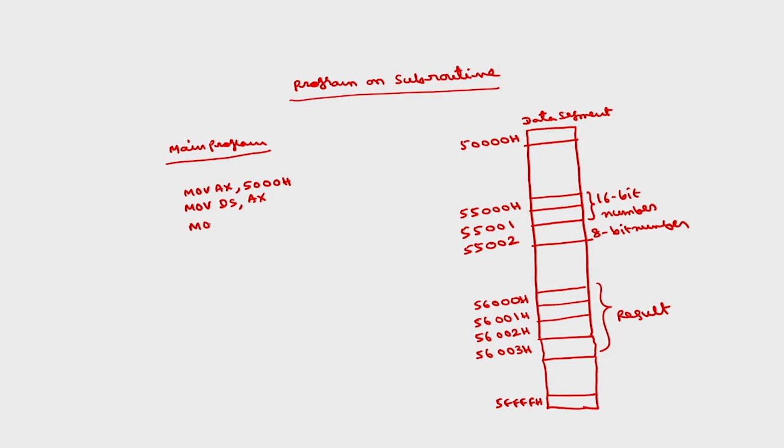You store that offset into SI, because here both are the same. I am taking the AX content itself in SI. Then move AX comma contents of SI, so that AX will contain a 16-bit number. Both are signed numbers.